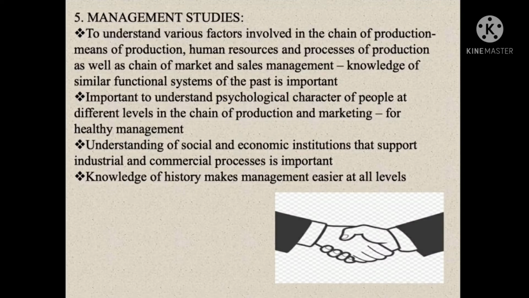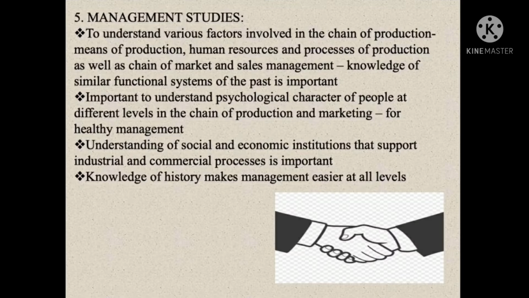So, children, we should now know the history of management, and if we want to study the history of management, we must try to understand various factors involved in the chain of production, like means of production, that is machines, raw materials, goods and services that were required for development.